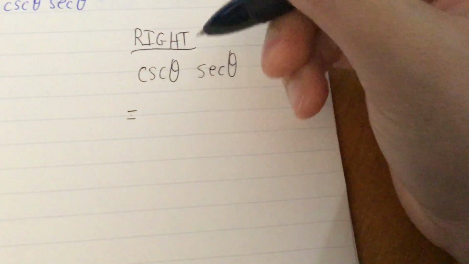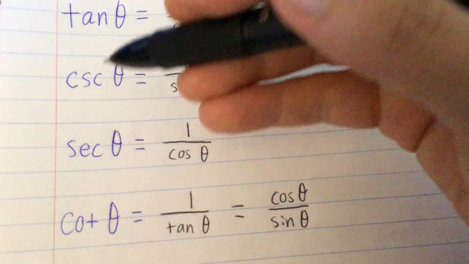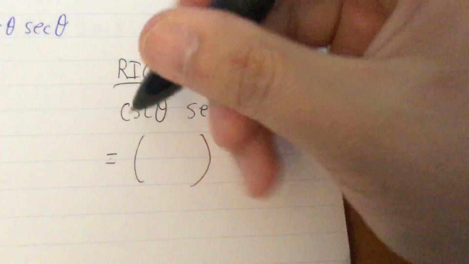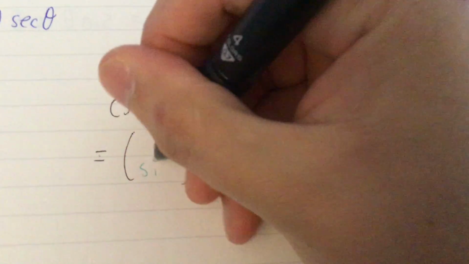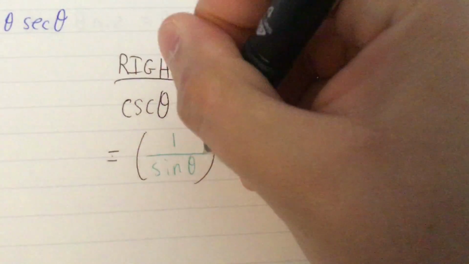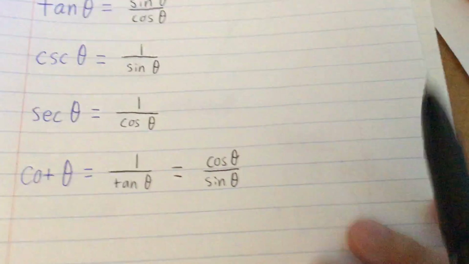Actually, you know what? I'm going to start with the right side. So cosecant of theta is going to be, all right, using my list of rules, cosecant is 1 over sine. And secant is 1 over cosine.